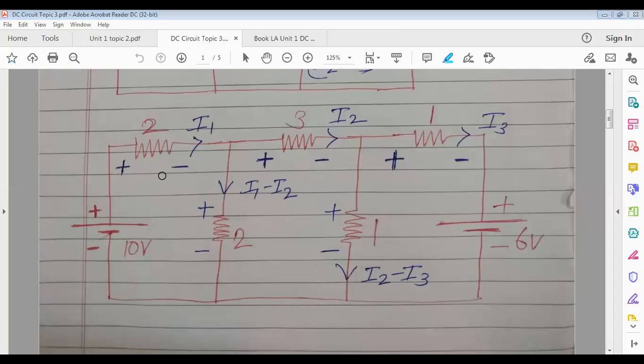Are you getting polarity of voltage drop across it like this? See, I1 is entering 2 ohm over here. That's why this terminal will be positive. Another one will be negative.